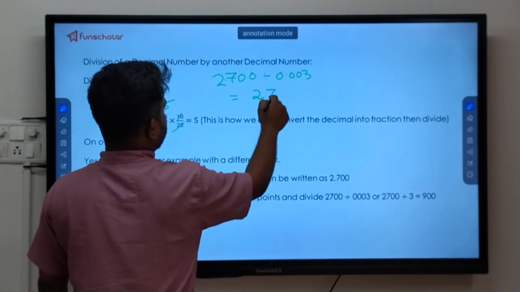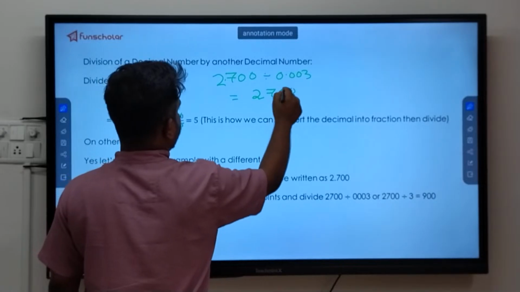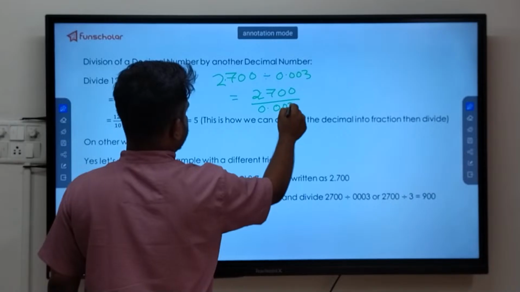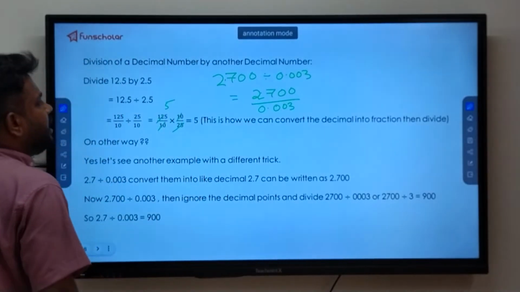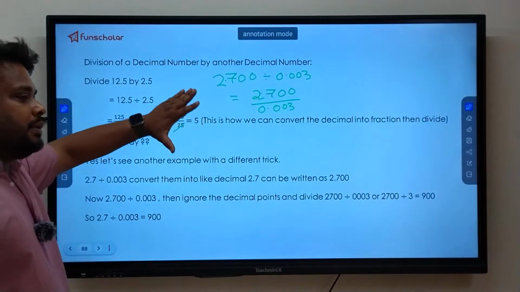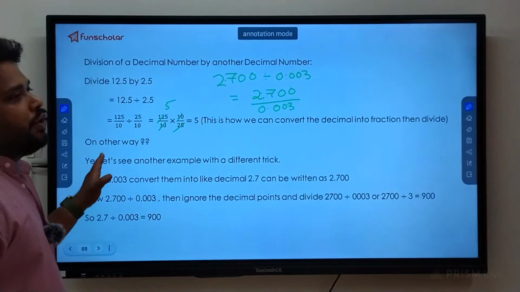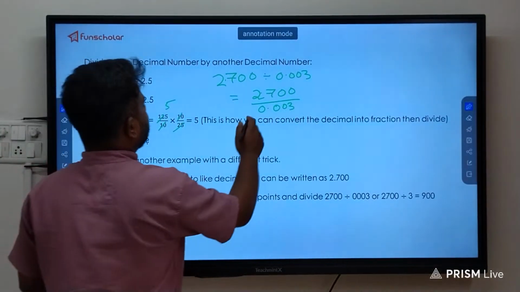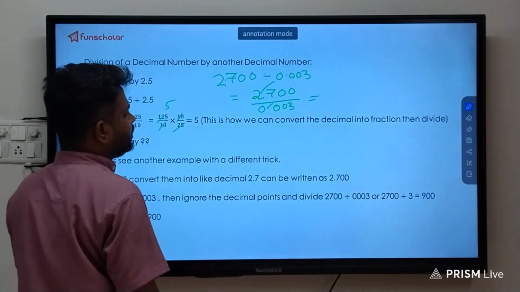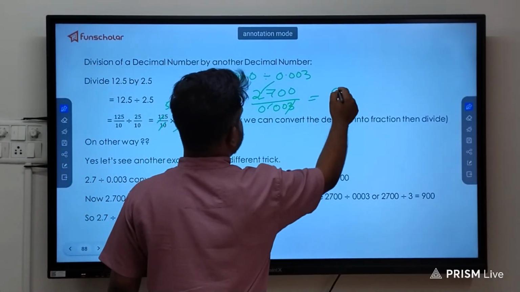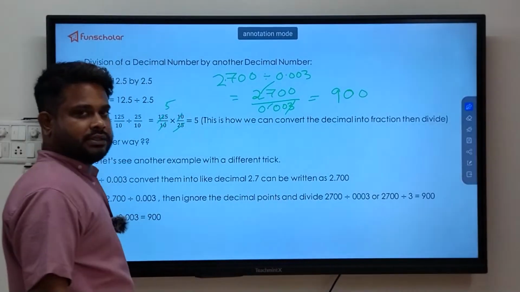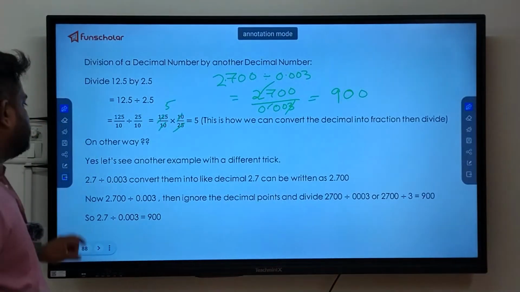Okay, so it can be converted like this. Now we have the same number of digits after the point, so we can just remove the points here and then use cancellation to make this like this. So 900 will be the answer.